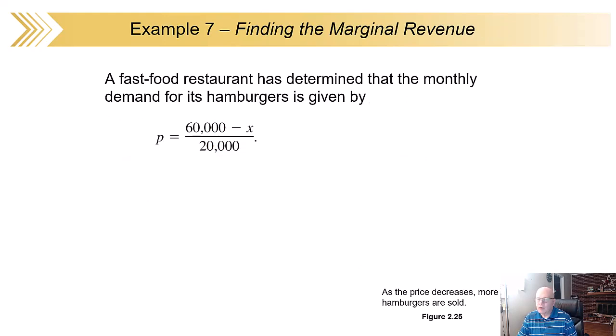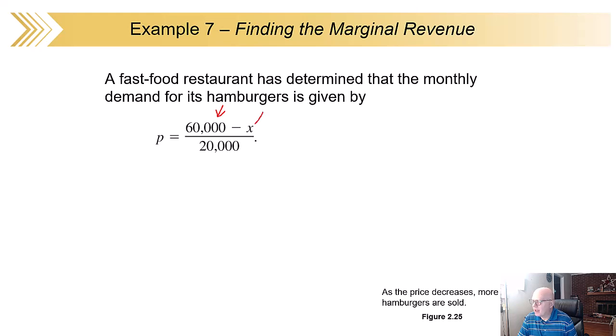So we're going to a fast food restaurant and take a look at things. Here's our demand function. Remember, it starts with P, even though it's a demand function. You might think it's a price function, but you'll have to talk with the economists about that. So here's our demand function, and this is number of hamburgers, or actually straight number.